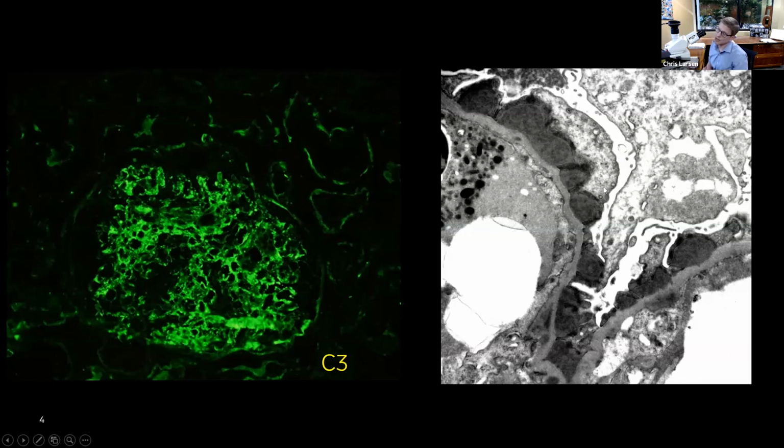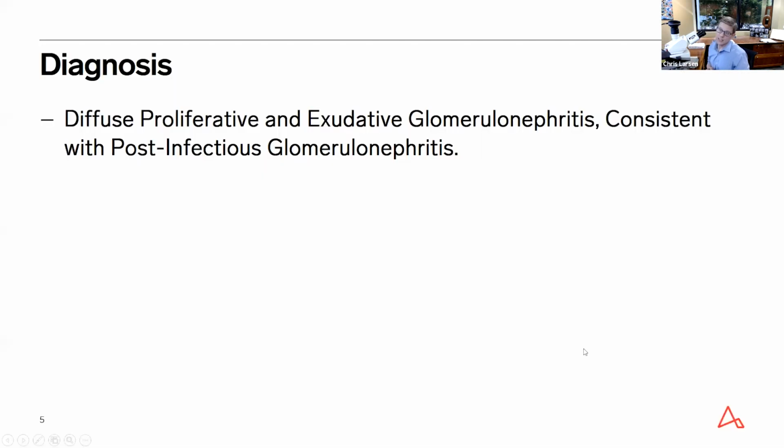Those are subepithelial deposits because they're on the urinary side, the outside of the glomerular basement membrane. If they are on this side, we would refer to them as subendothelial deposits. So, summary: proliferative glomerulonephritis, C3 staining, hump-like deposits. This is a diffuse proliferative glomerulonephritis, classic for a post-infectious glomerulonephritis.